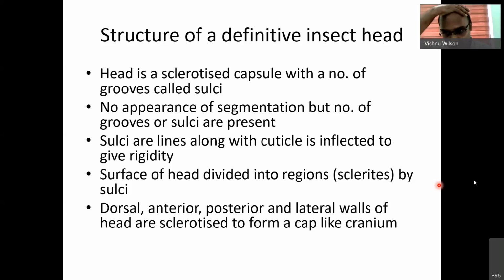So the dorsal, lateral, anterior, and posterior walls of the insect head are sclerotized, while the ventral wall is not at all sclerotized, because at this ventral area we have the mouth parts.